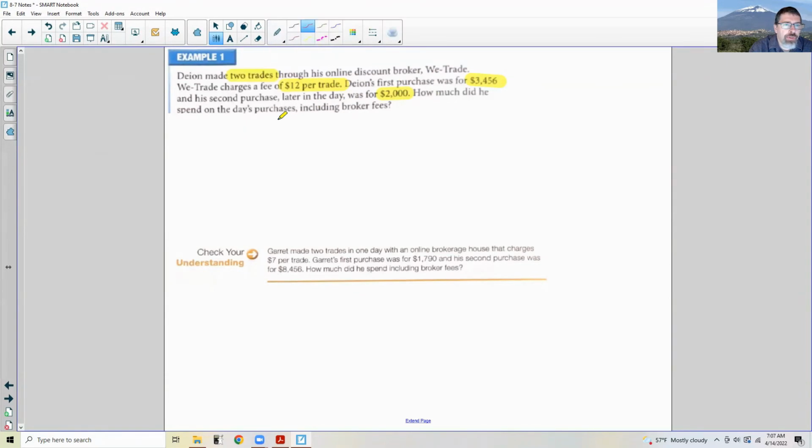All right, so the first thing we're going to do is figure out how much the commissions were. So 2 trades times $12 equals $24. Okay, so there are his brokerage fees. Now let's determine how much he paid in stocks.